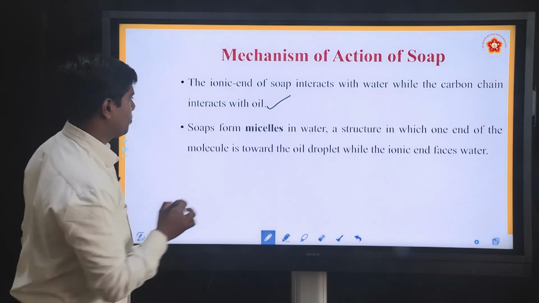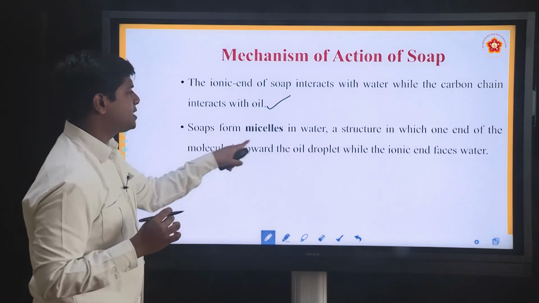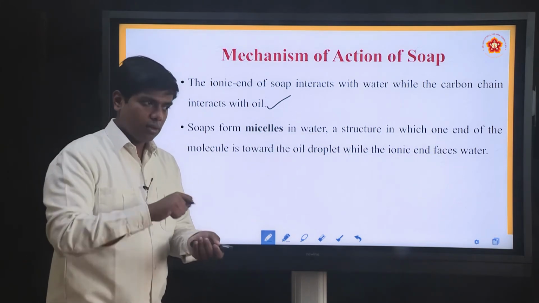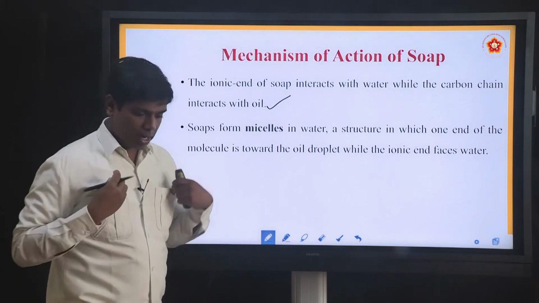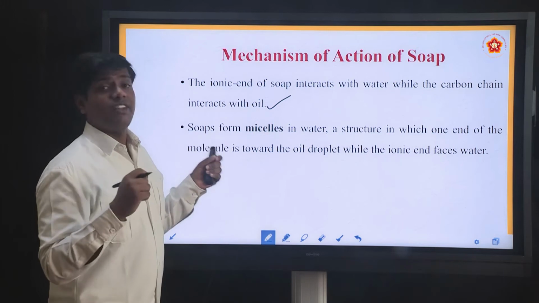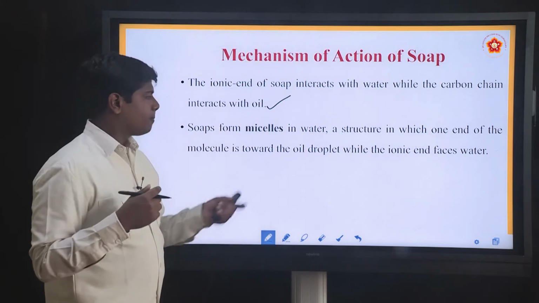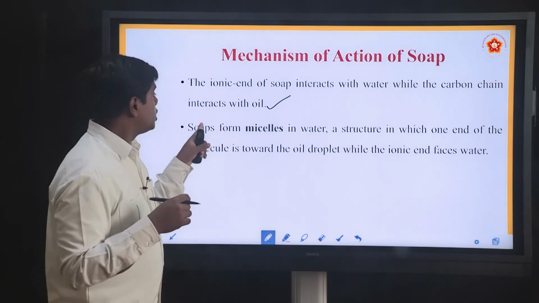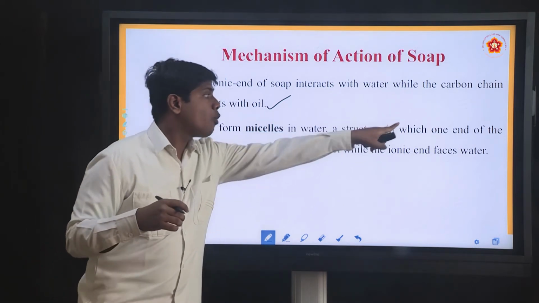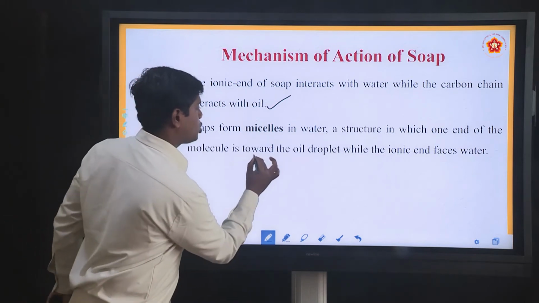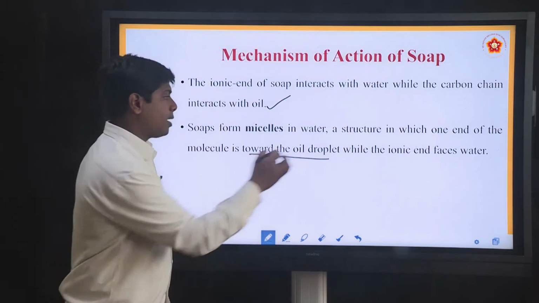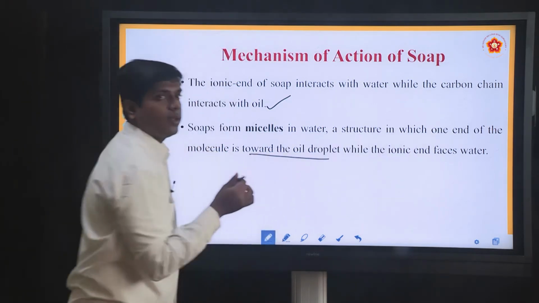Next, second point, soaps form micelles in water. We know how difficult it is when our clothes are dirty, how difficult for mothers to wash. So, second point, remember, soaps form micelles in water, a structure in which one end of the molecules is towards the oil droplets, means towards the carbon chain or hydrocarbon, while the ionic end faces the water.